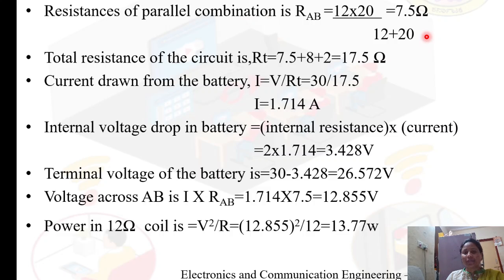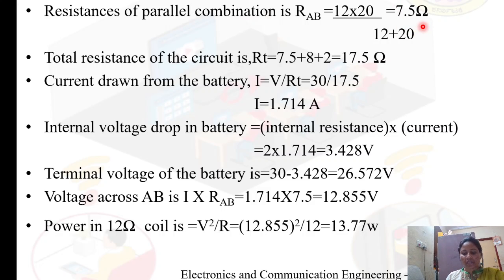If any two resistances are connected in parallel, the total equivalent resistance can be calculated as R1 R2 by R1 plus R2. We have applied the same rule over here, and we have obtained the value as 7.5 ohms.